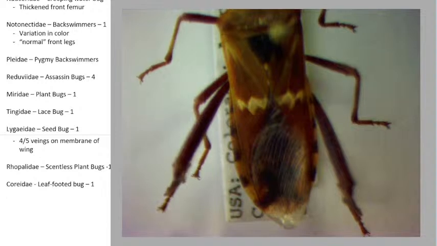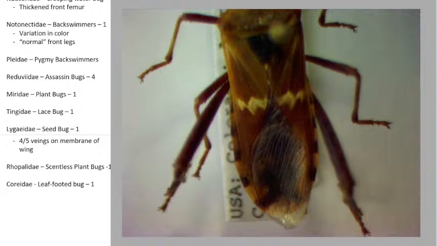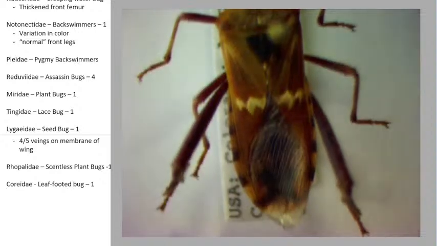The wing is this shape, but you can see that right about here is where the color ends. This part is leathery and protective, and the membranous part is thin. It's not as protective over the body, and that's why we call them hemielytra, because they're half membranous and half protective or leathery.